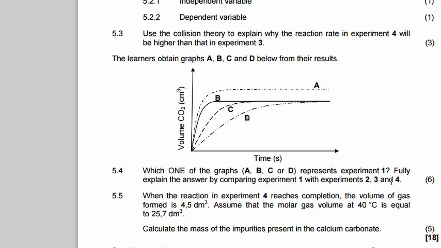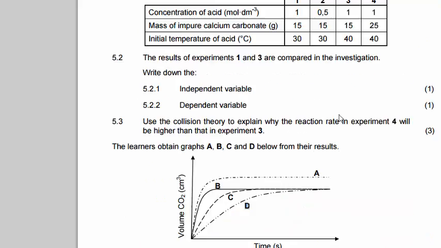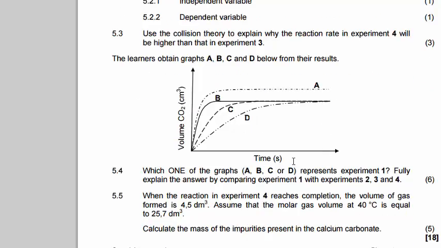Okay, just give your reason for why A is the highest, why D is the lowest, and why B is higher than C. Or in this case, why 1 represents the lowest reaction rate, and why 3 would have a higher reaction rate. And then obviously you have to talk about gradient, because the reaction rate is represented by the gradient. So you have to mention that.